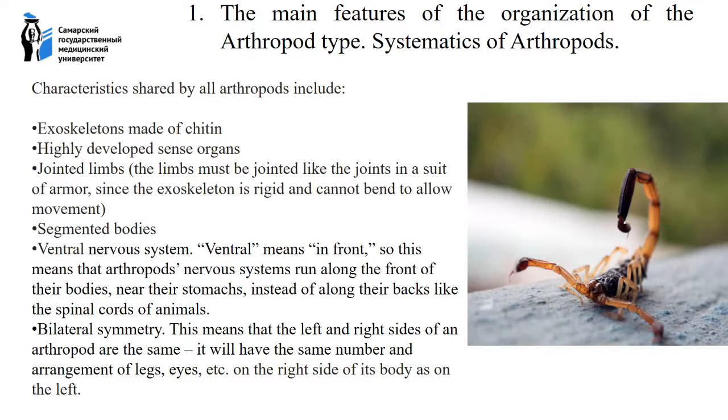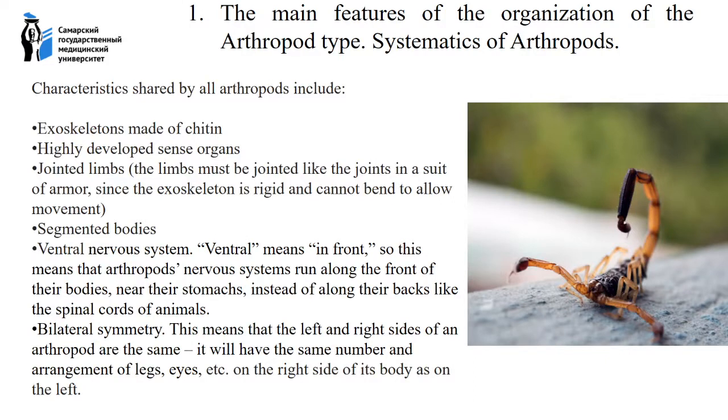Segmented bodies, ventral nervous system. Ventral means in front, so this means that the arthropod's nervous system runs along the front of the body near the stomach instead of along the back like the spinal cords of animals.